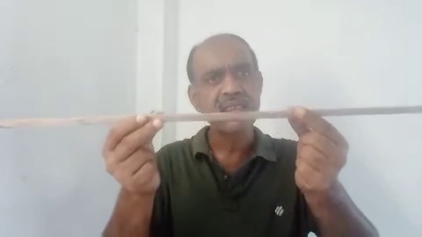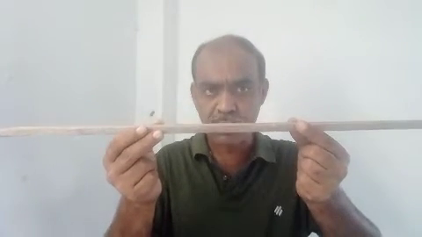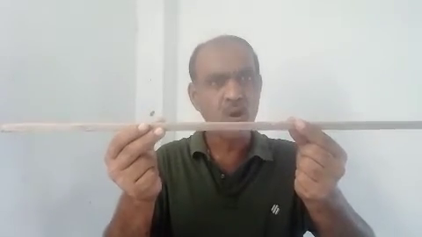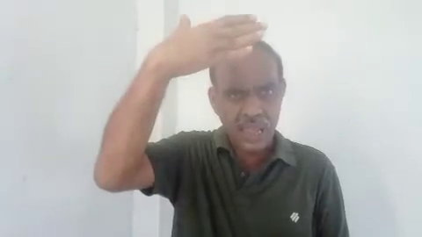Then we will say that this is not rotating, means with respect to fluid mechanics, this stick or this straight line is not rotating around its own axis. Rotating, but it is not rotating around its own axis. Which one is the axis? It is executing this motion on the plane of my palm.